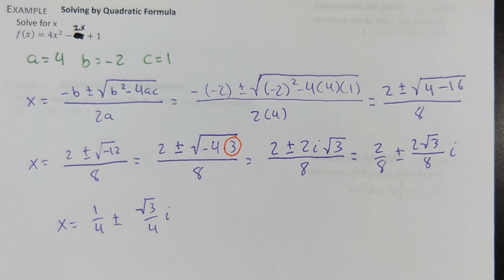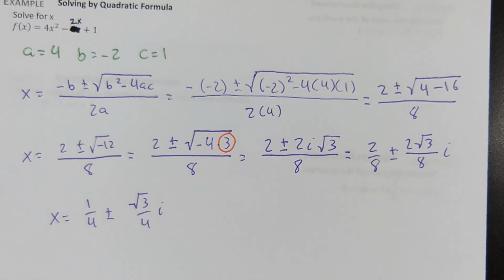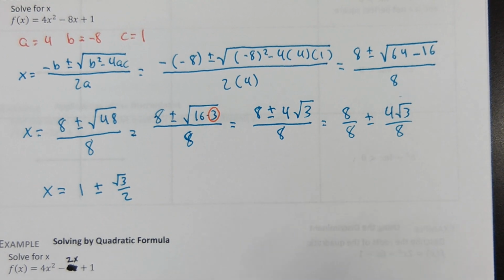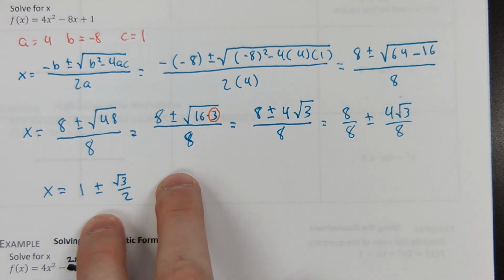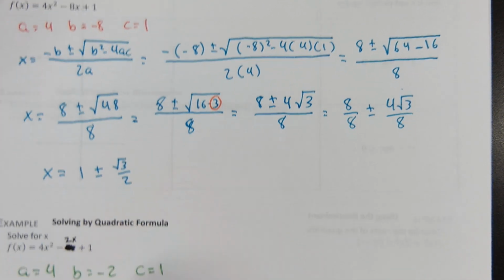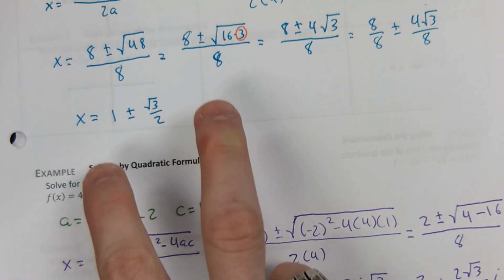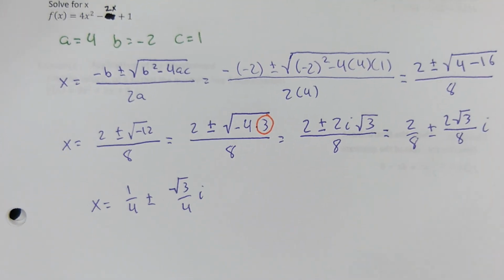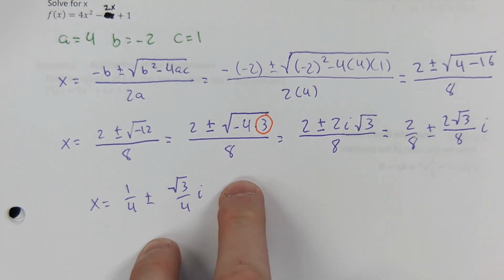Complex conjugates. 1/4 plus root 3 over 4 i, 1/4 minus root 3 over 4 i. Complex conjugates. How interesting that there I got 2 real irrational solutions, so my graph crosses the x-axis twice, and they were irrational conjugates, and here I got 2 complex conjugate solutions.